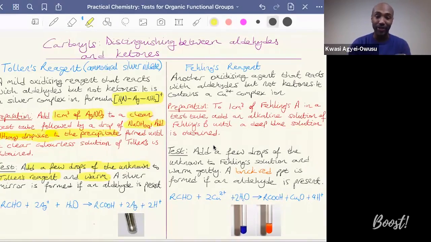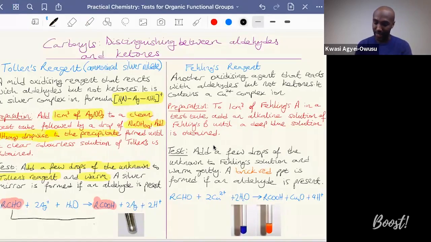using Tollens reagent. Okay, so let's look at the equation down at the bottom of that page there. So you've got your aldehyde there, and it is, of course, being oxidized to the carboxylic acid. And we can show exactly that. So this here is your oxidation.